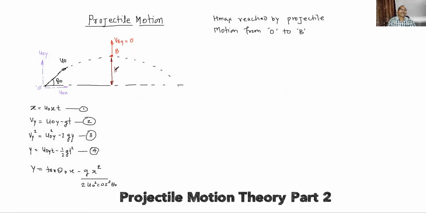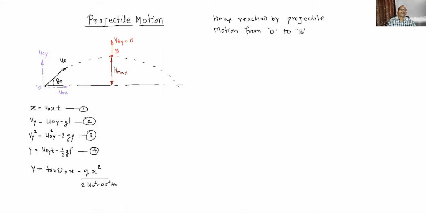Therefore, considering the motion from O to B, we will apply the equation for Vy, because we know Vby is 0. Using equation number 2, Vy, that is Vby, equals u0y minus gt.